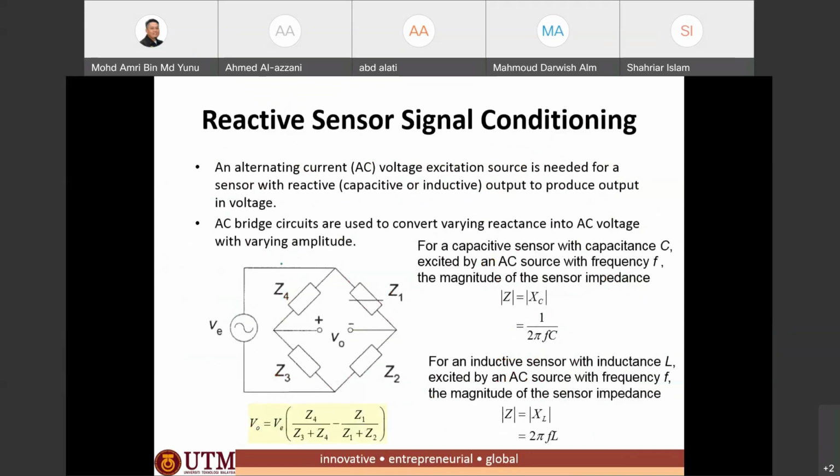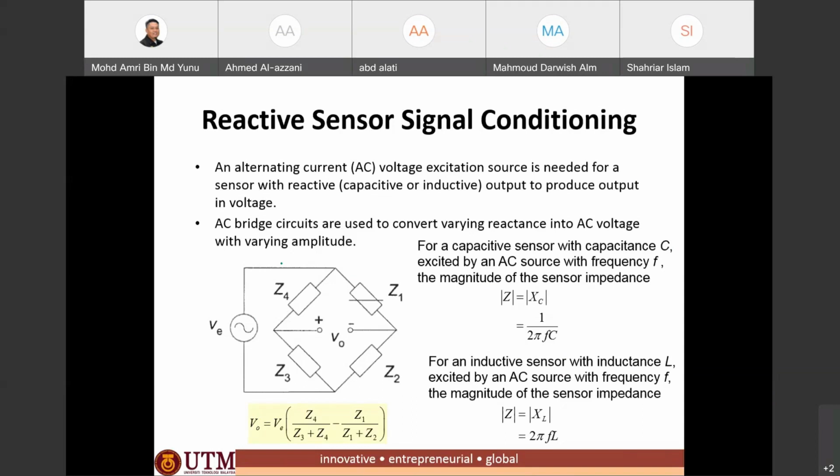Okay, and next is the reactive sensor signal conditioning, where you are determining or measuring the change of other passive elements like capacitance or inductors. They are passive, but basically they work on AC level or AC signals.